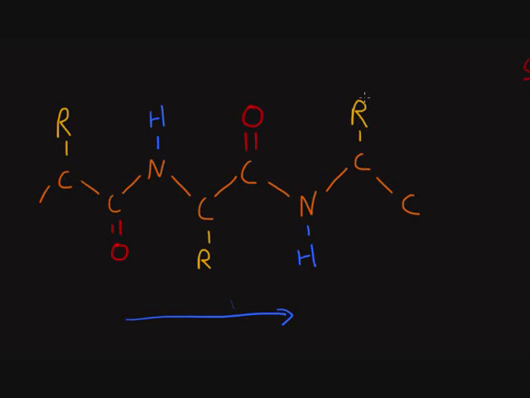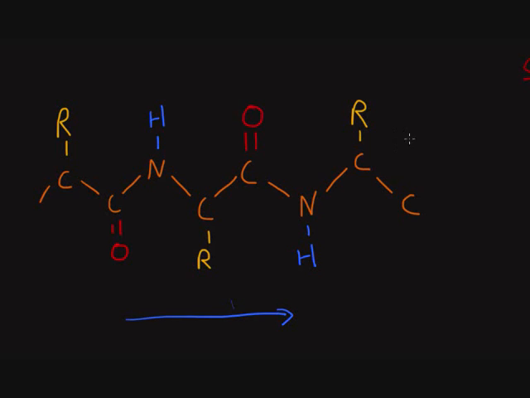Due to the nature of valine's R group, it can't form alpha helices. It can't form an alpha helix if there's a valine in that chain. And you can picture, therefore, that the order of these amino acids starts to become important, because if we want an alpha helix shape for whatever big 3D protein structure we've got in mind, then we can't have a valine in that chain of amino acids.